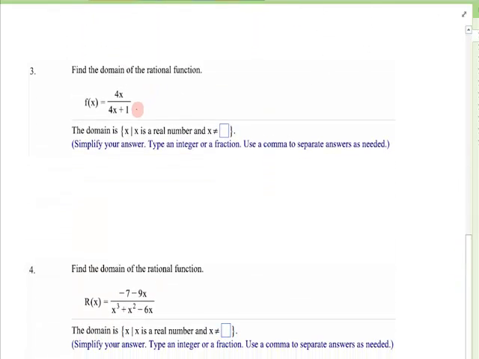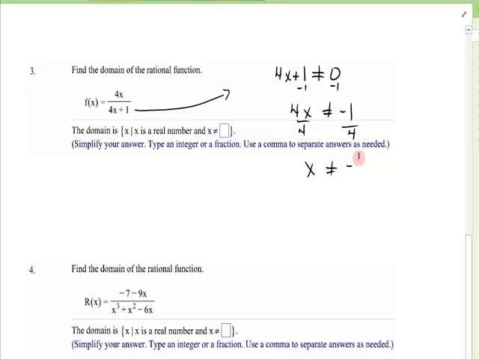The next one, find the domain. 4x plus 1 cannot equal 0. Subtract 1. 4x cannot equal negative 1. Divide by 4. X cannot equal the fraction negative 1/4.